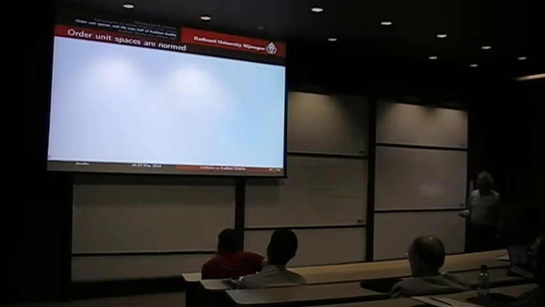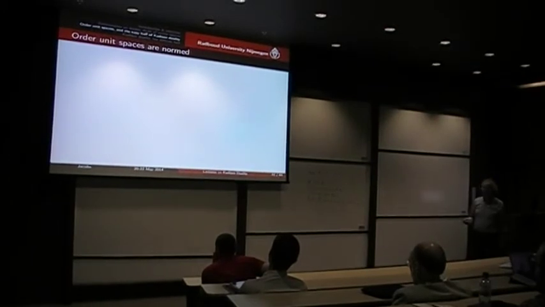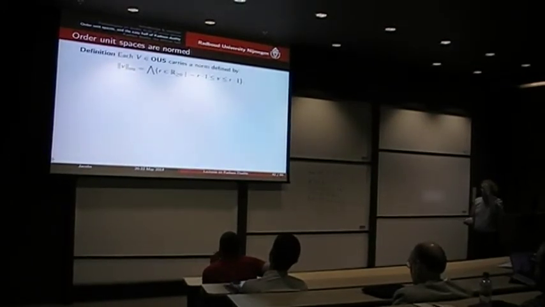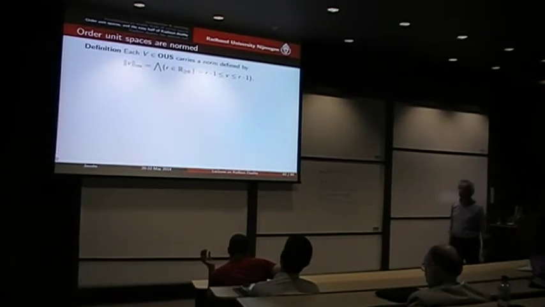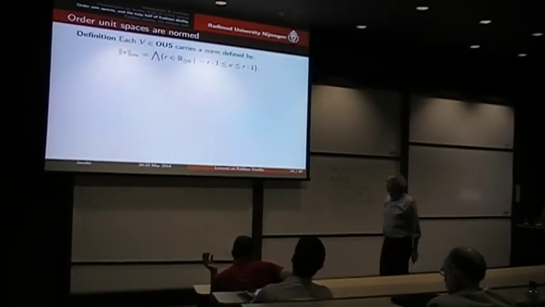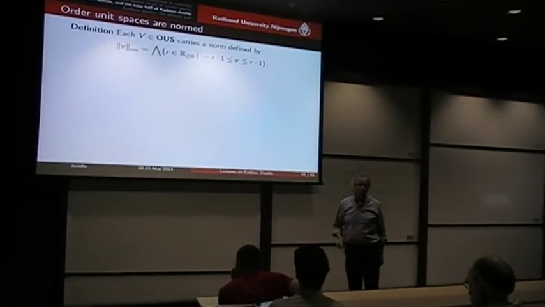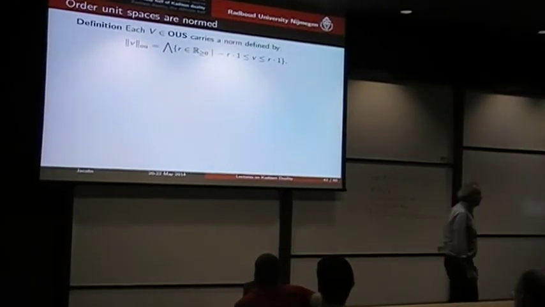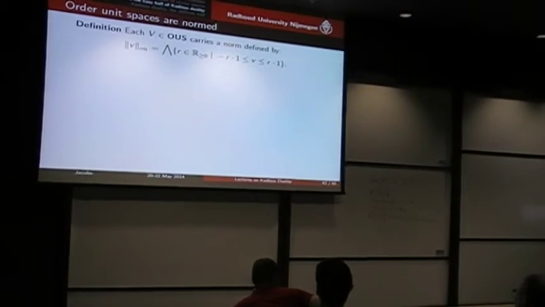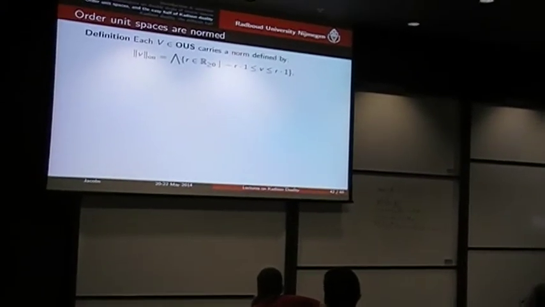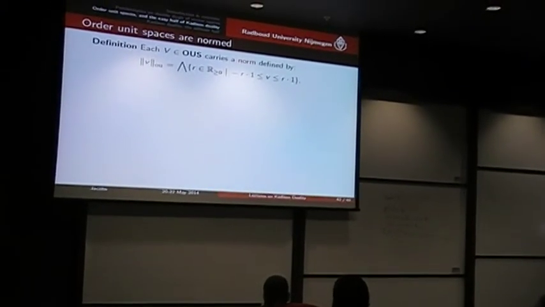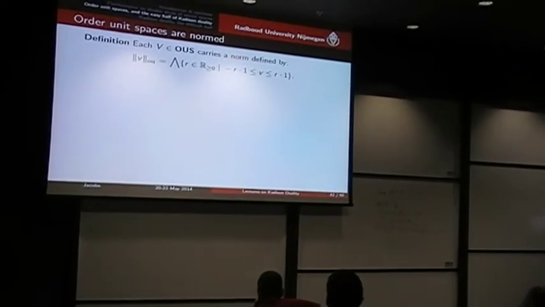Okay, the next thing we need to observe is that each order unit space automatically carries a norm. The order unit norm, I've written it here explicitly. Remember that arbitrary vectors can be squeezed in between natural numbers.